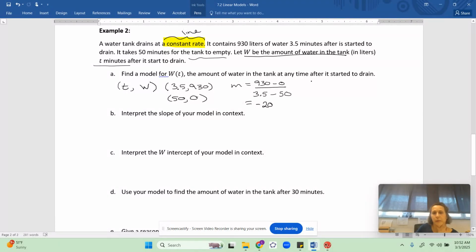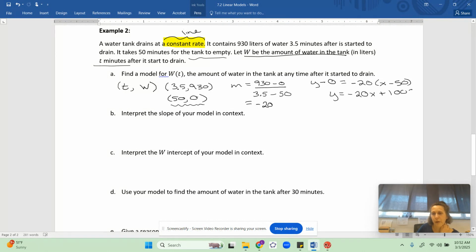Then I'm going to use the formula y minus y1 equals m times x minus x1, and I'm going to choose this point. The slope is negative 20 times x minus 50. If I isolate for y, I get y equals negative 20x plus 1,000.